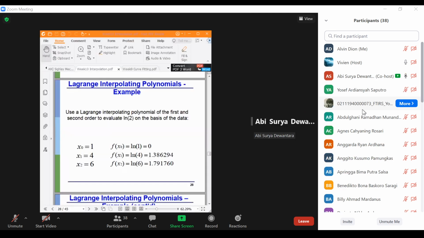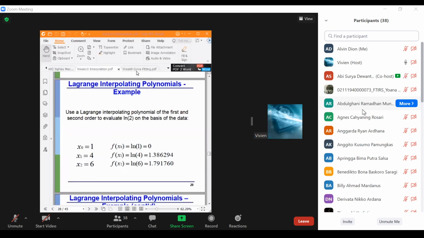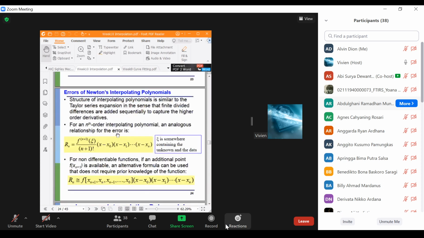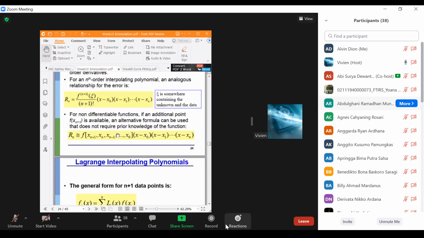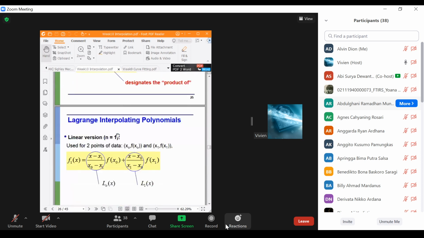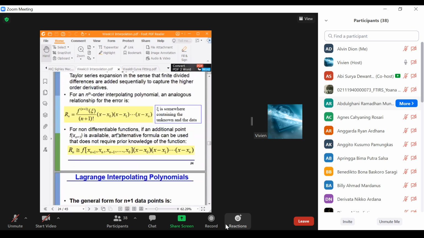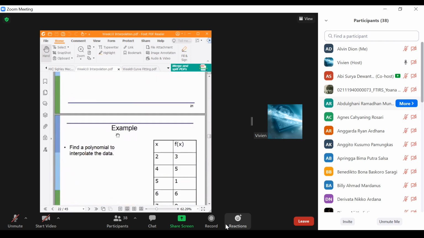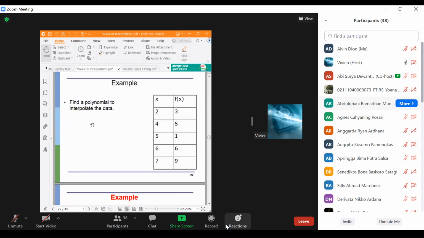No, not that one. Can you go before that, at the end of Newton's divided difference? So before that.